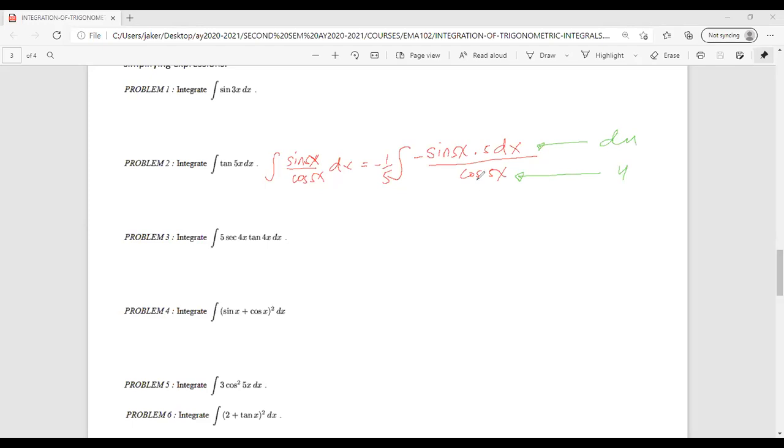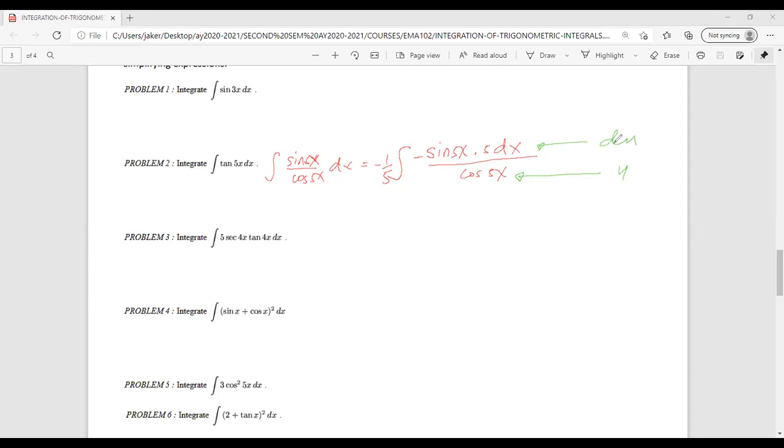The derivative of cosine 5x is negative sine of 5x times 5 dx. What I have introduced here is the negative and the 5. Since I introduced a negative and a 5, I need to place a negative outside and a 1/5. That way, I did not alter the original given integral.